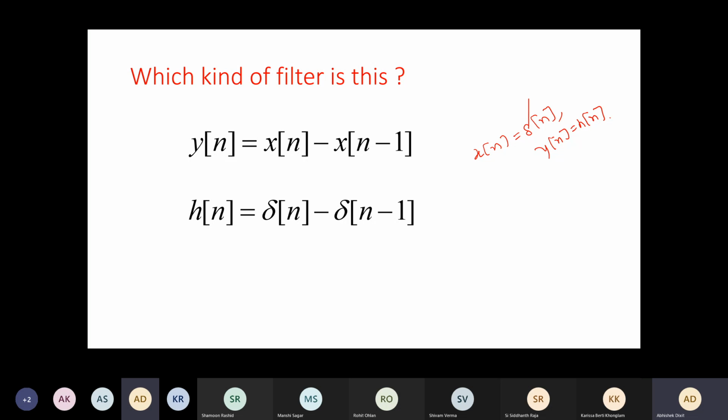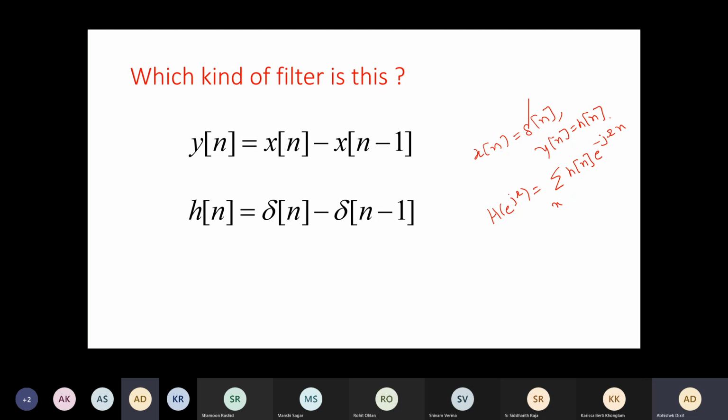Now once h[n] is known, H e^j omega is simple, right? What is H e^j omega? H e^j omega is the summation of h[n] e to the power minus j omega n for all values of n. We have seen this.